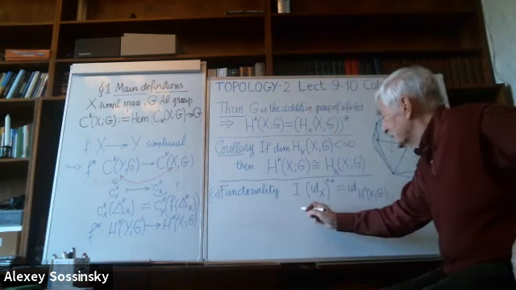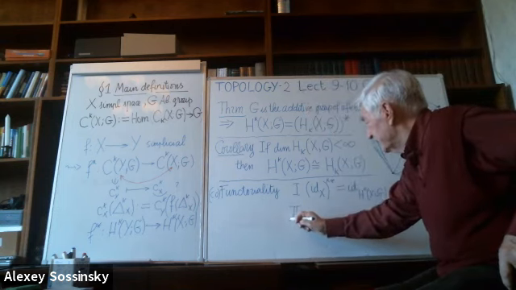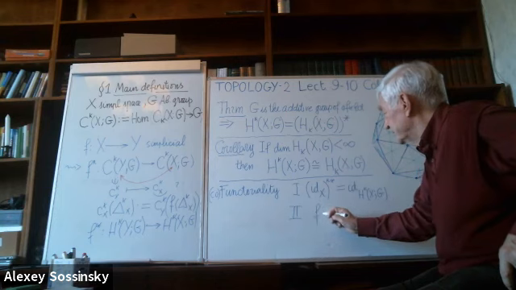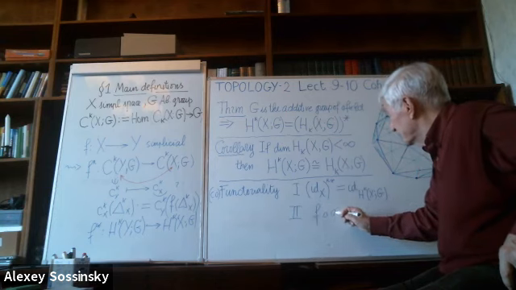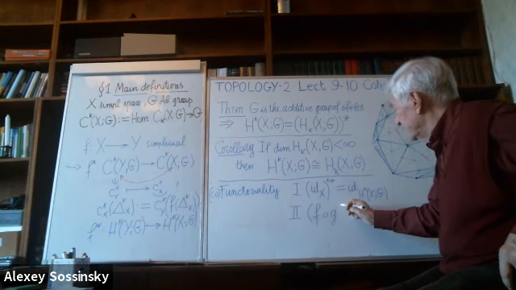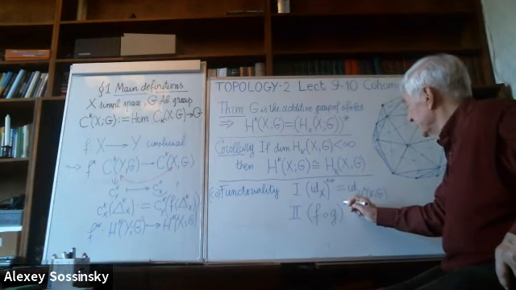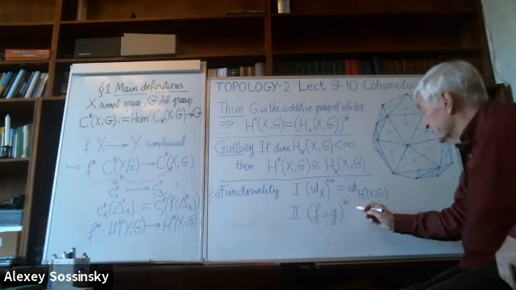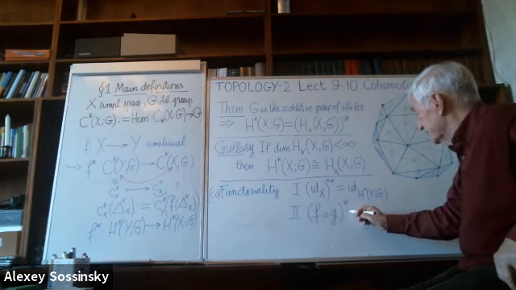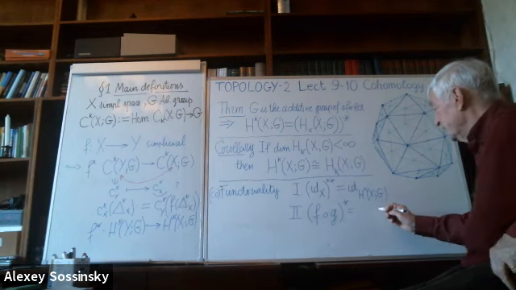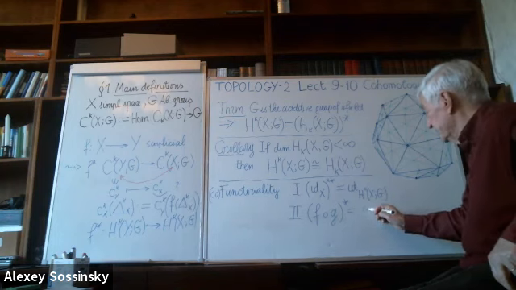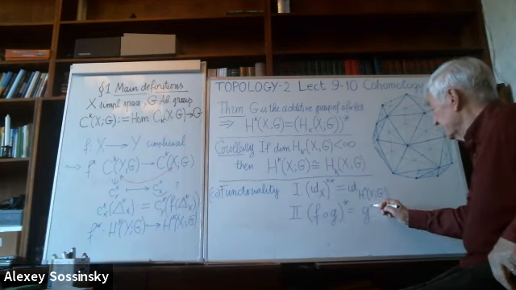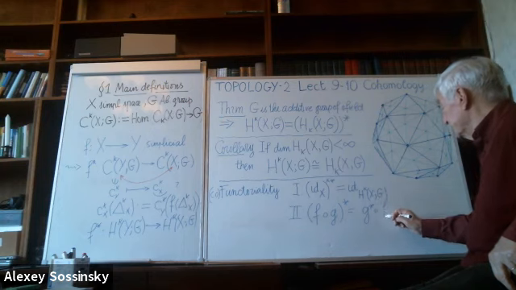And the second property is the following. If we do f, and we do g, and we consider the induced homomorphism in homology, then this is equal to g star f star.